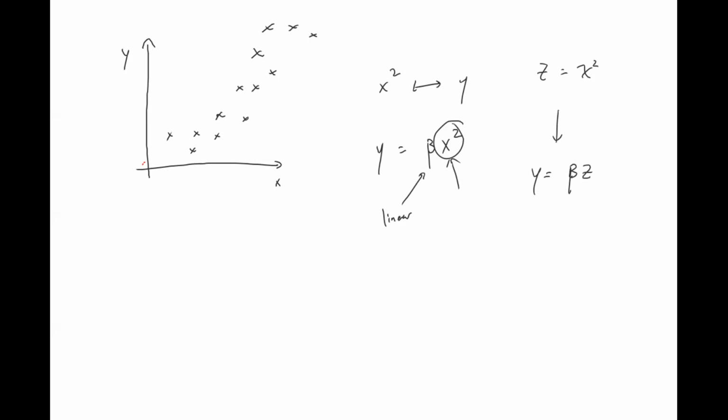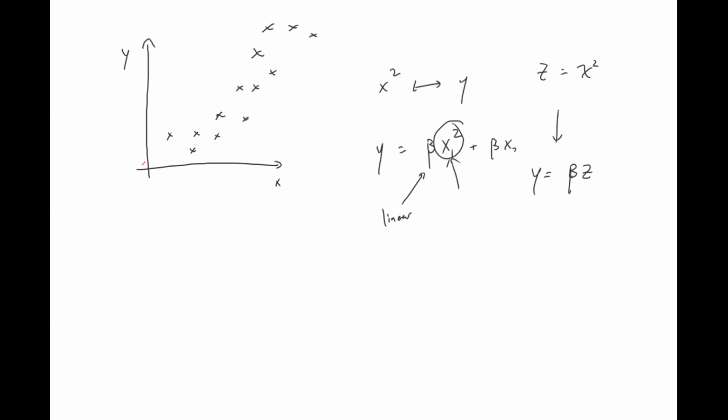And to that end, this allows me to encompass lots of different functional forms or relationships between x and y that don't necessarily represent a linear correspondence between the variables, as long as these betas are linear, right?